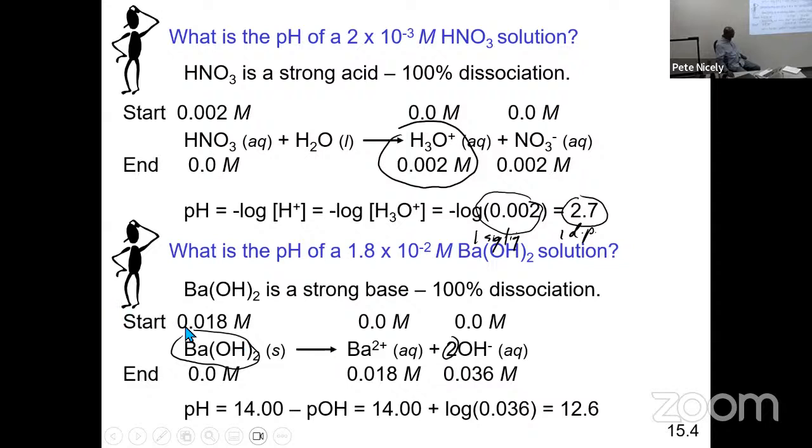So basically, if all of the barium hydroxide has reacted, so you start from 0.018 M and you end up with none, that means all of it has reacted. That means that the amount of barium ions produced will be the same, right? Because of the 1-to-1 ratio. And the concentration of the hydroxide will be twice that amount, right? So that's why you end up with 0.036 M at the end of the dissociation process. All right? Okay, any other questions about this?